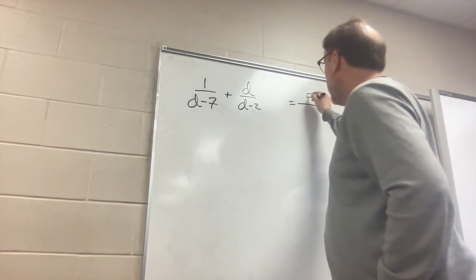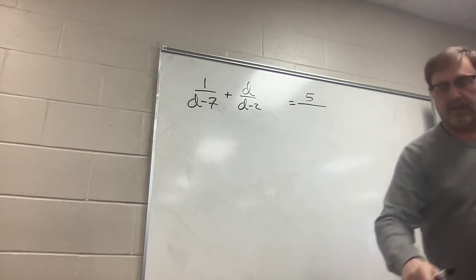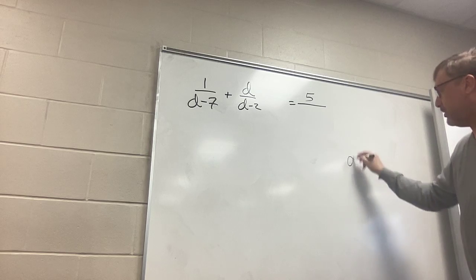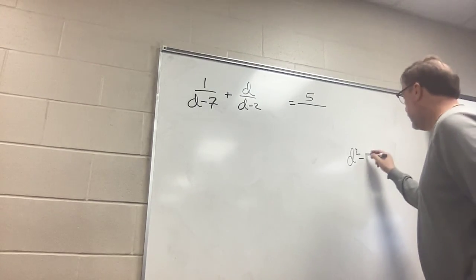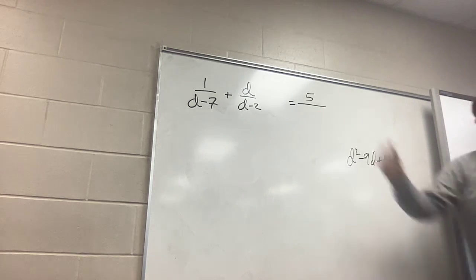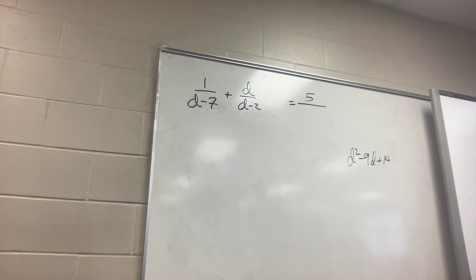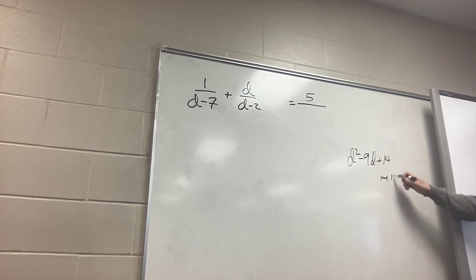5 over. Now, I'm going to go somewhere else and I'm going to factor d squared minus 9d plus 14. I'm factoring this, I'm going to go somewhere else to do that. I want this to multiply to be 14.